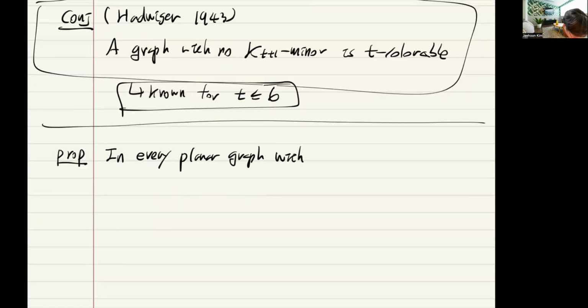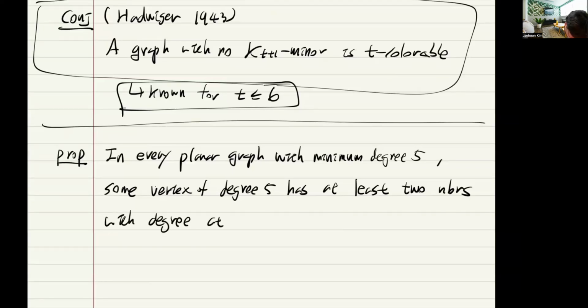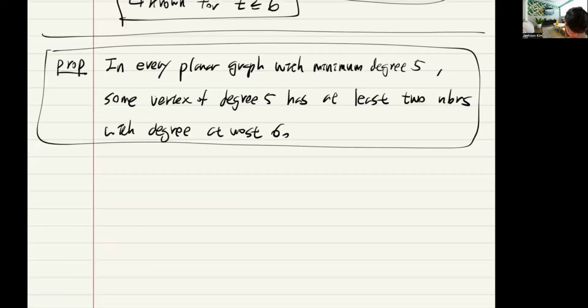So let's say you have a planar graph with minimum degree 5, then we want to show that there exists some vertex of degree 5 that has at least 2 neighbors with degree at most 6. Let's say you want to prove this statement.